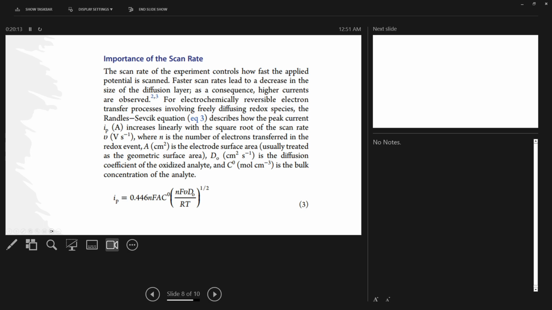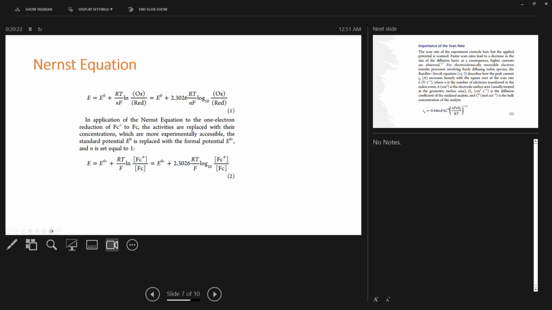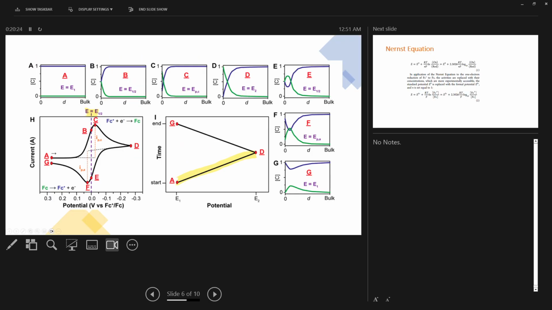This Randles-Sevcik equation shows the peak current values, the peak current which I already discussed, and how the peak current value behaves with changing scan rate.